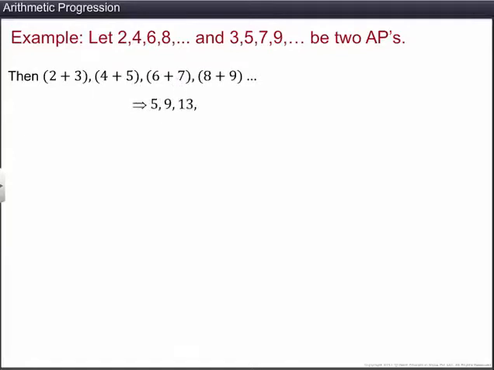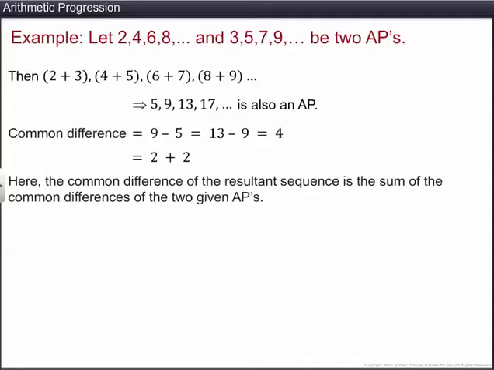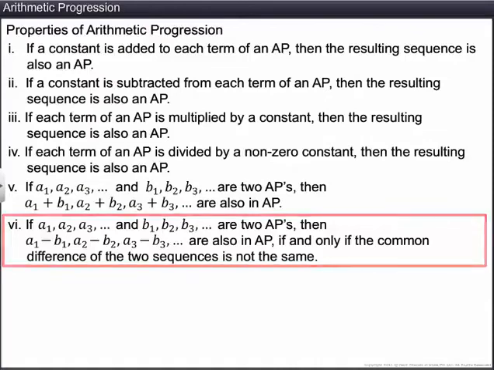This is also an arithmetic progression. Observe that the common difference of the resultant sequence is the sum of the common differences of the two given arithmetic progressions. Similarly, if the corresponding terms of two arithmetic progressions are subtracted, then the resulting sequence is also an arithmetic progression, provided that the common difference of the two given sequences is not the same.